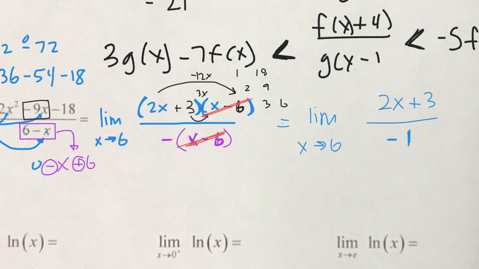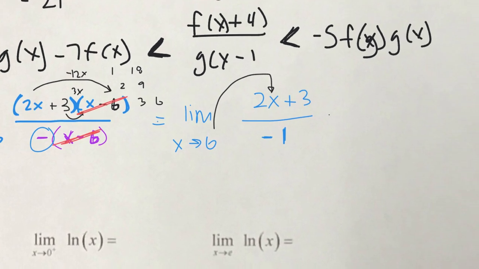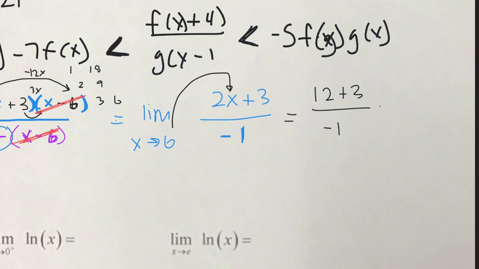When everything cancels out, I still have a 1, and I have my negative sign. Okay, so I have my negative sign in the denominator, but now I can plug in 6, right? So I do this algebraic manipulation so that I no longer have a 0 over 0 when I use direct substitution. So this is 12 plus 3 divided by negative 1, which is a total answer of negative 15.